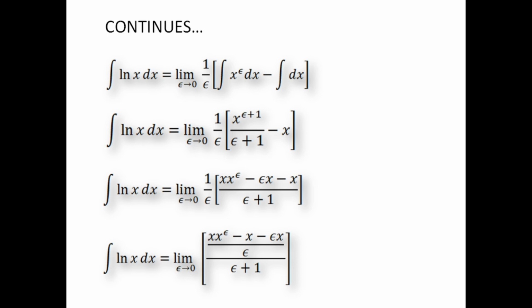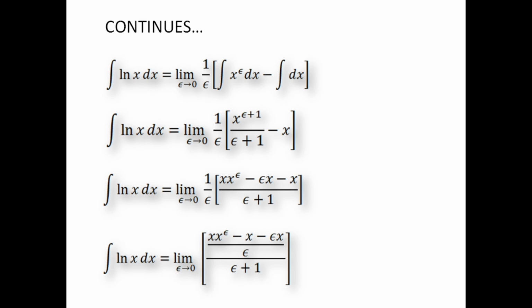And now we do some math. We multiply the second term, x, by epsilon plus 1 and divide it by epsilon plus 1, so the value won't change. That becomes x to the power epsilon plus 1 minus epsilon x minus x, divided by epsilon plus 1.